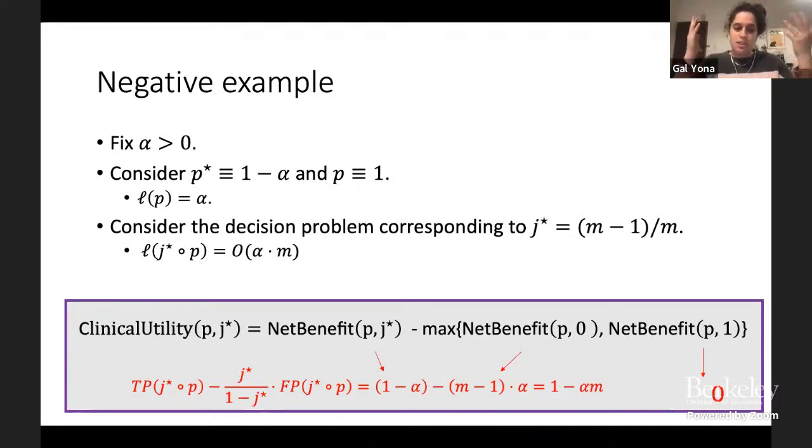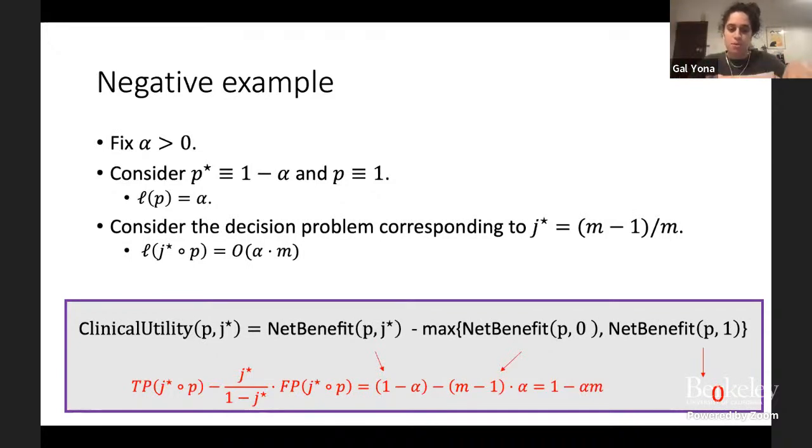And then I want to reason about the loss of the binary classifier that's obtained by thresholding P at J star. My point is that this can actually scale like alpha times m, where m is the granularity parameter from before. Specifically, this ridiculously simple lower bound is obtained by taking J star to be very, very close to 1, as I had before.